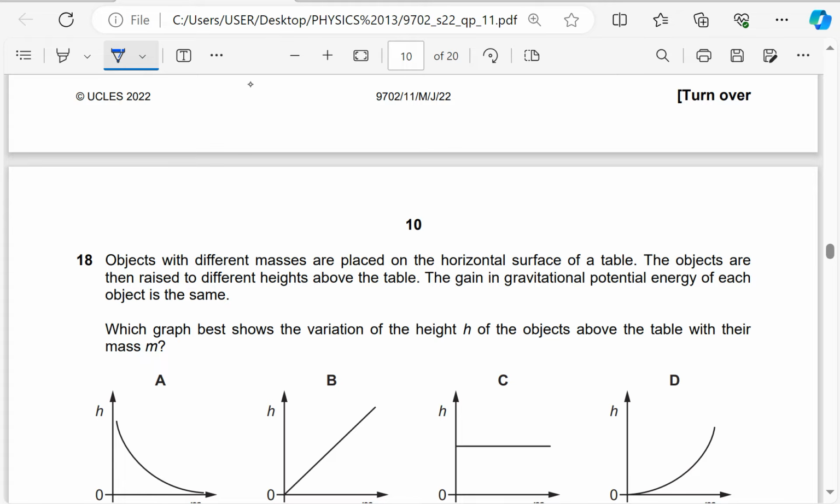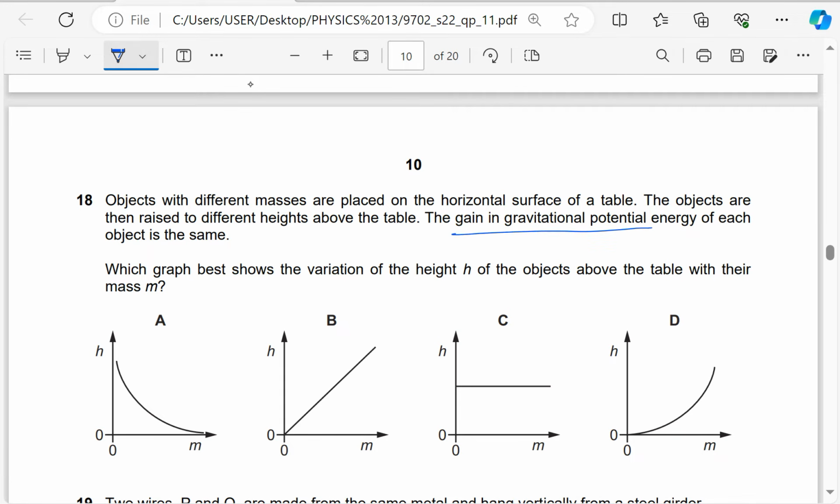Objects with different masses are placed on the horizontal surface of a table. The objects are then raised to different heights above the table. The gain in gravitational potential energy of each object is the same. In other words, remember gravitational potential energy is equal to mgh.